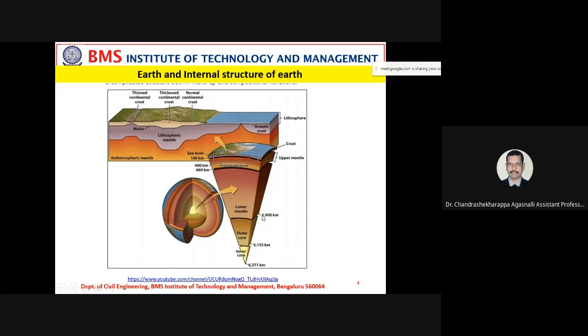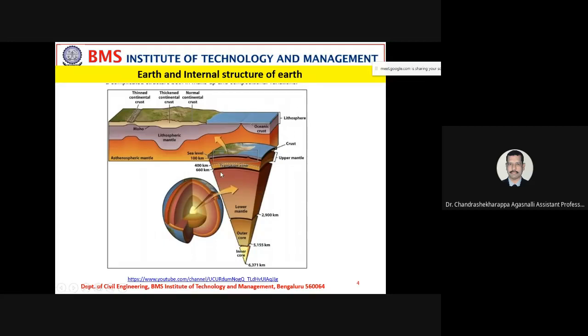Okay, if you cut a watermelon or an apple, you can see maybe exactly the same layers. There may be color variation, but the structure you can see from these two fruits, the internal structure of the earth.